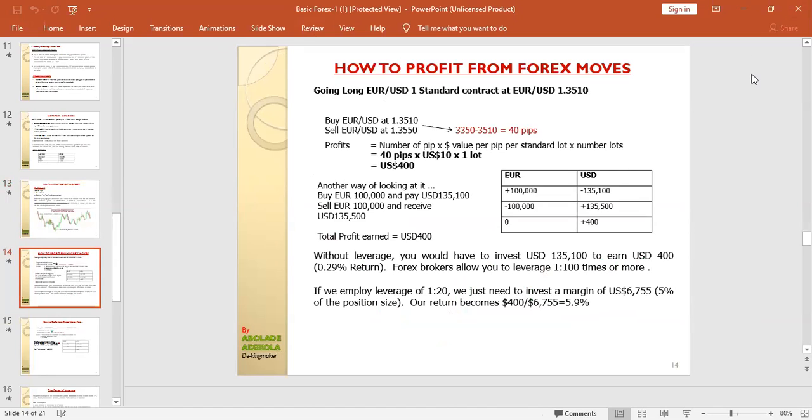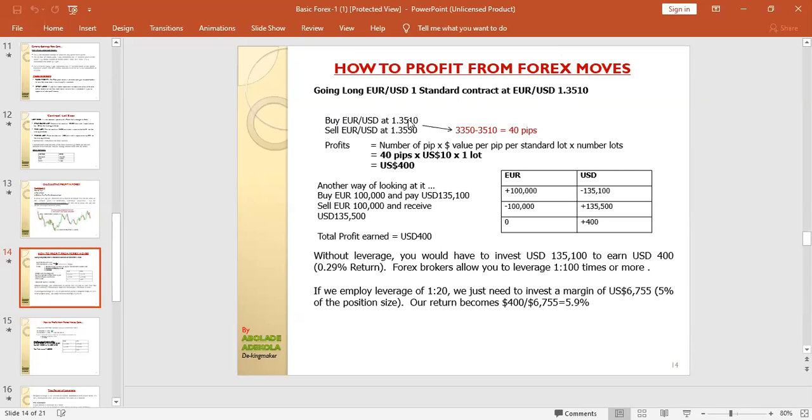Okay, so this is where we stopped yesterday. We have been able to analyze how to profit from the move. Let's, for example, you buy Euro USD at this price 1.3510, and after a while you sold it back at this price.